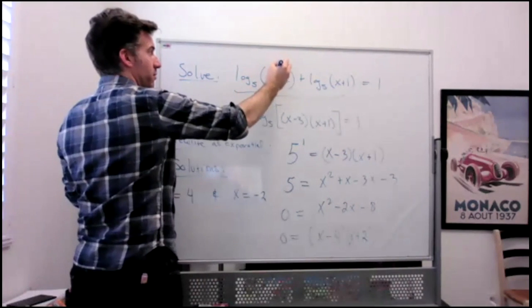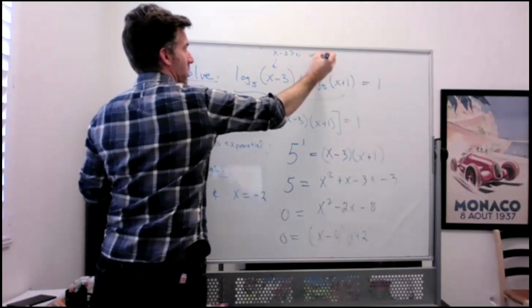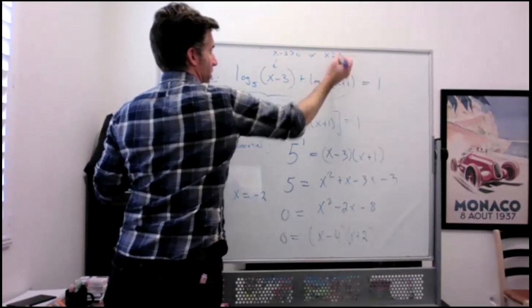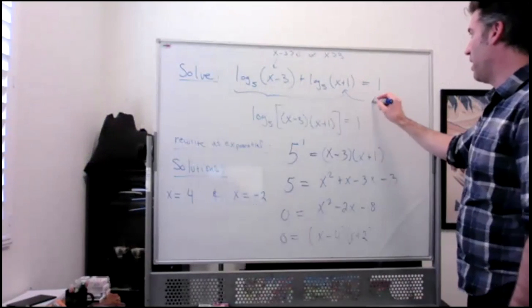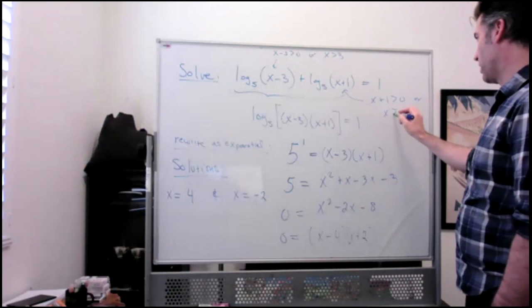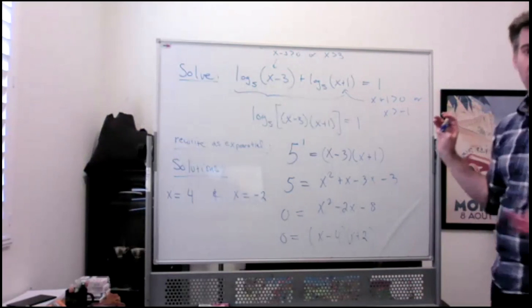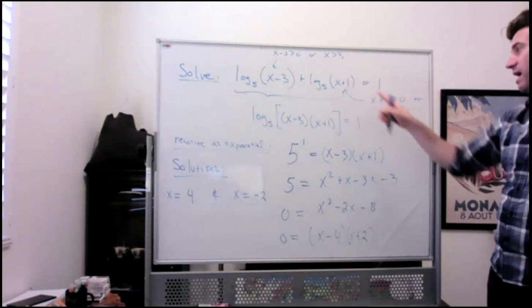So here, we have to say that x minus 3 is greater than 0, or x is greater than 3. And here, we have to have that x plus 1 is greater than 0, or x is greater than -1. So whatever x values we get, they have to be bigger than both 3 and -1.